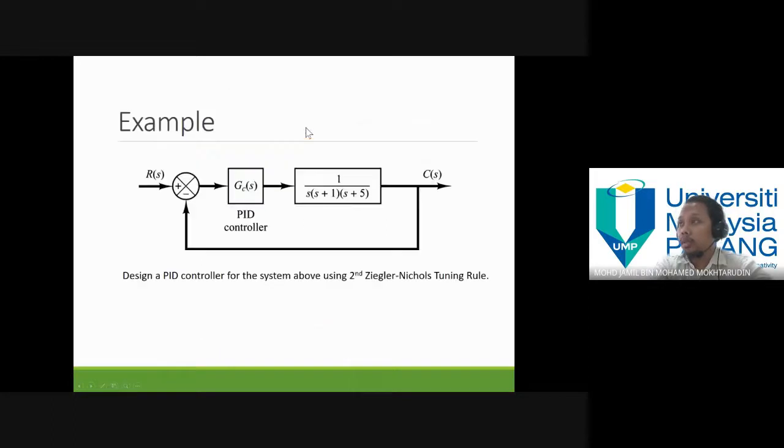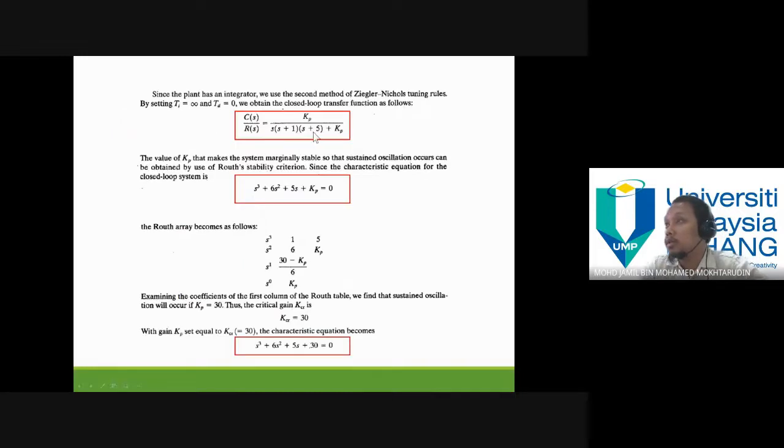So we assume that GC is made up of only Kp. Okay, so we simplify this block diagram to get the closed loop transfer function, which is given by this expression.